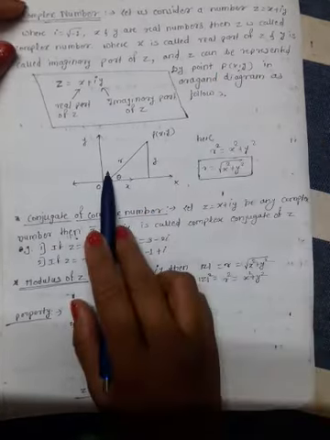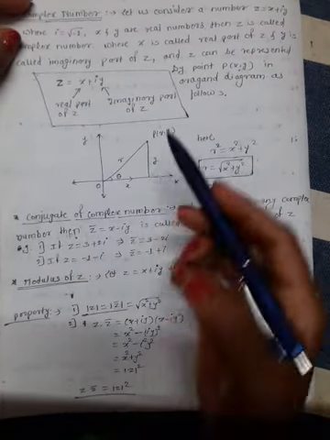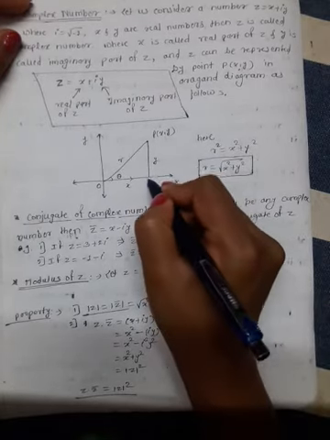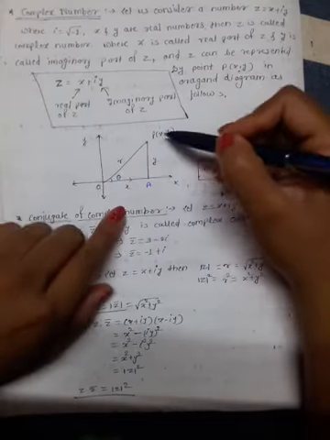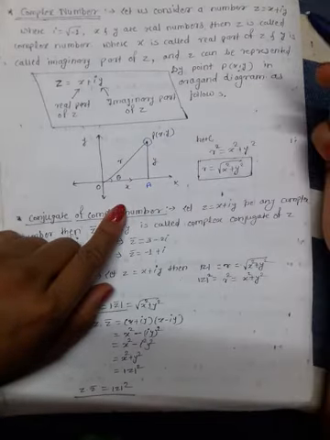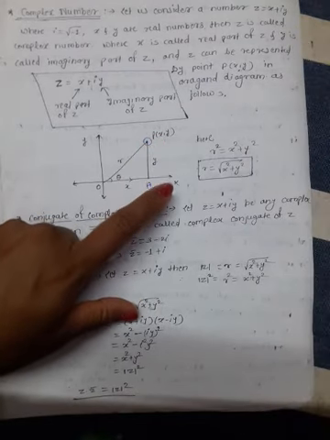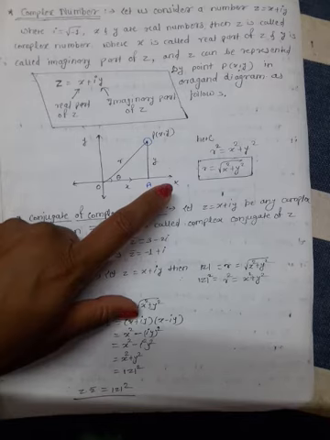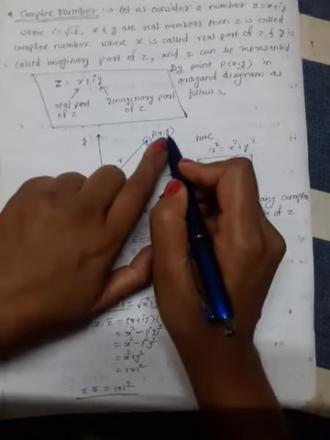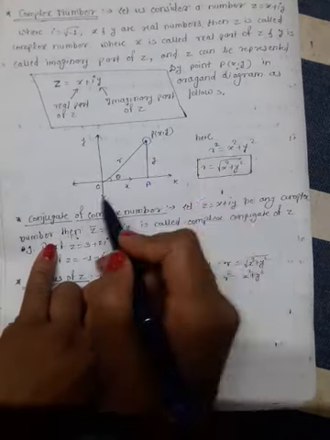Now this is the xy plane. Suppose this is the origin, this is x. Suppose this is O, and this is a point A, and this is the point P. P(x, y) is the ordered pair in the xy plane.